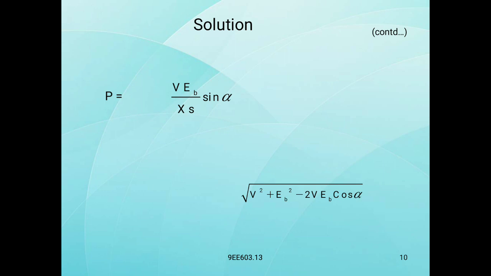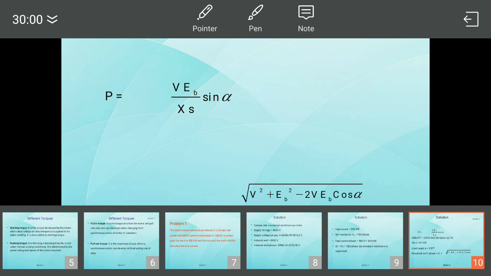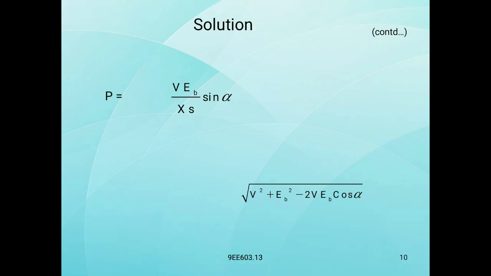Substituting the power, voltage, Eb and the reactance values, we get sin alpha.